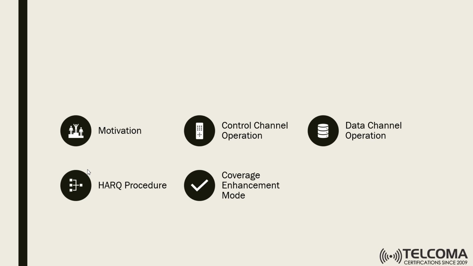Then we proceed with data channel operations as well as optimizations, and we'll see the uplink and downlink HARQ processes similar to CATM1 or EMTC. And finally, we'll see coverage enhancement mode for the data channels and control channels as well as RACH channels.